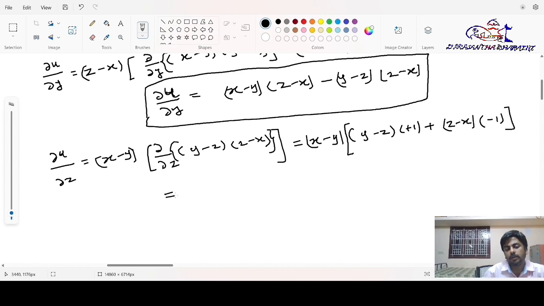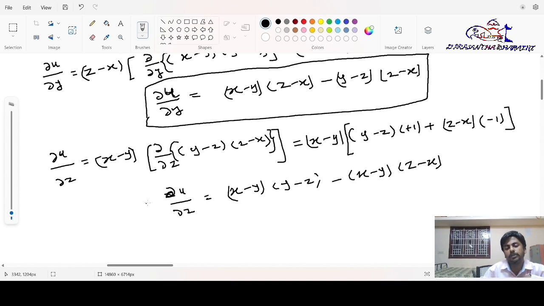So we get dou u by dou z equal to x minus y into y minus z plus, so it is not plus, it is minus x minus y into z minus x. So this is your dou u by dou z.